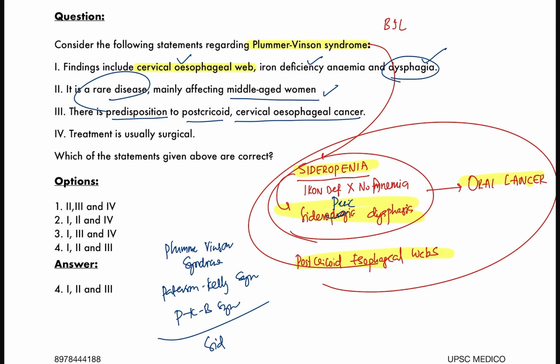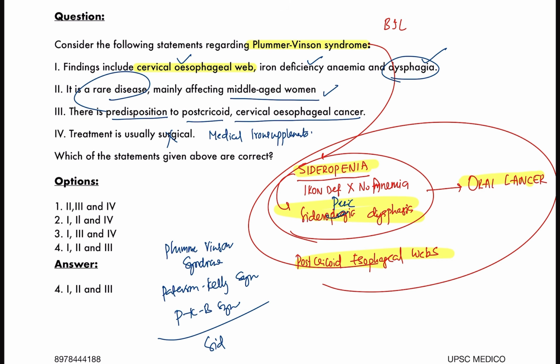Yes. Treatment is usually surgical. No, you can give medical treatment. Iron supplements can be given in these cases. Iron supplements reduce epithelial atrophy and reduce the risk of malignant transformation.